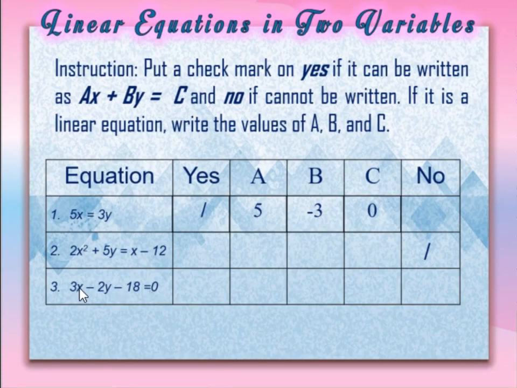Can we change this in standard form? So it's a yes. What is the standard form of this? If your answer is 3x minus 2y is equal to 18, then you are correct. So, it's a linear equation. The value of a is 3, the value of b is -2, and the value of c will be 18.